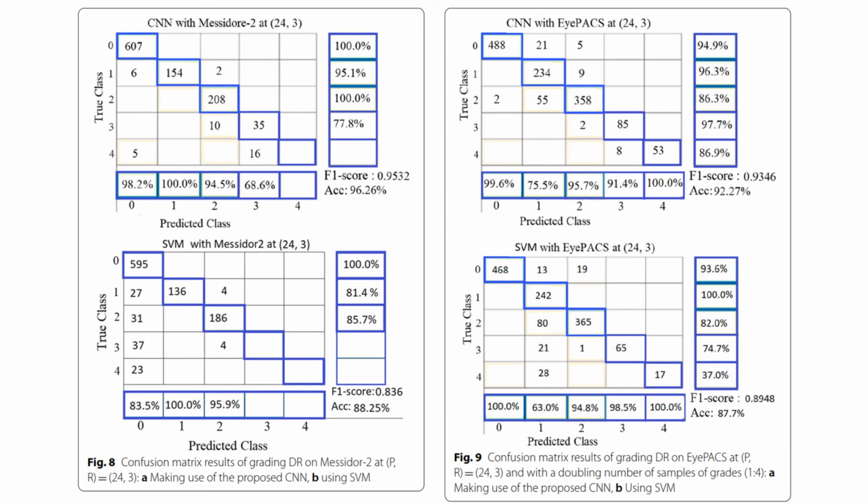In the case of the support vector machine using the benchmark Kaggle database at the same pairs, we got 89.